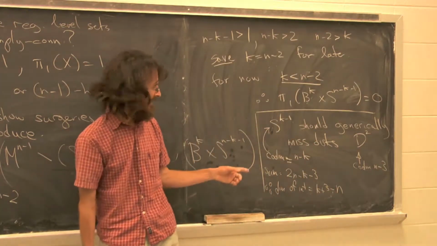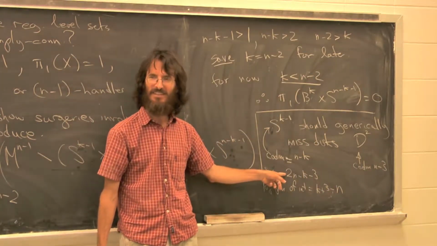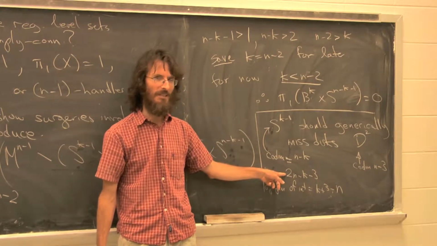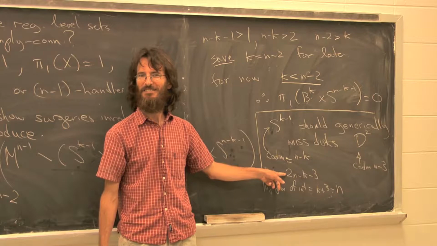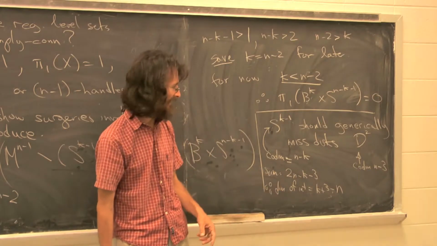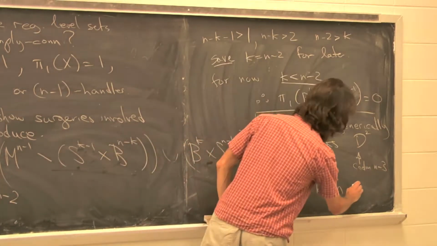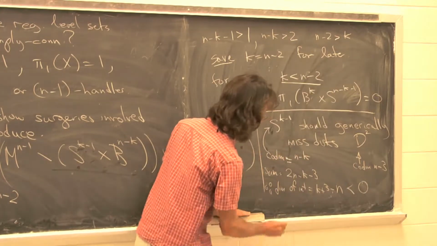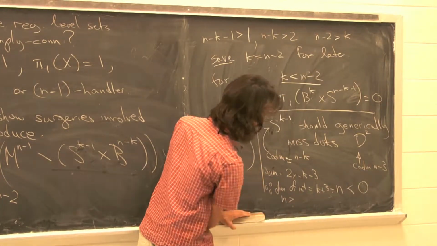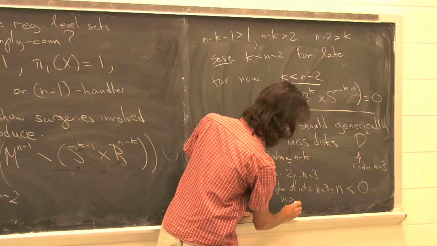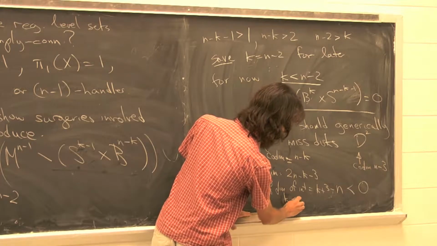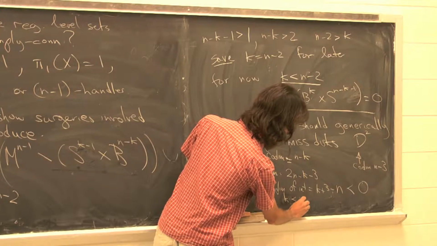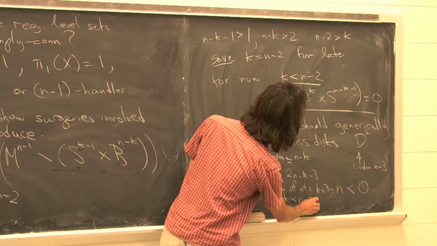And we want that to be negative, in order for there to be nothing there. We want that to be less than 0. So we want k to be less than n minus 3.